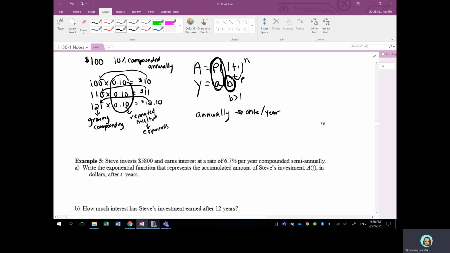And we don't really have to do any changes to our B value or our P value. However, if we compound more often, so let's say the question says we are compounding semi-annually. That means we are compounding twice per year. That is going to impact your interest rate, and it's going to impact the P value.